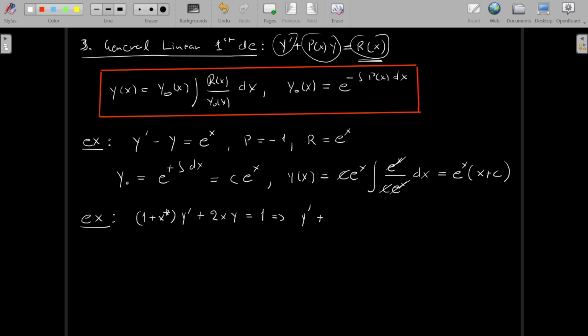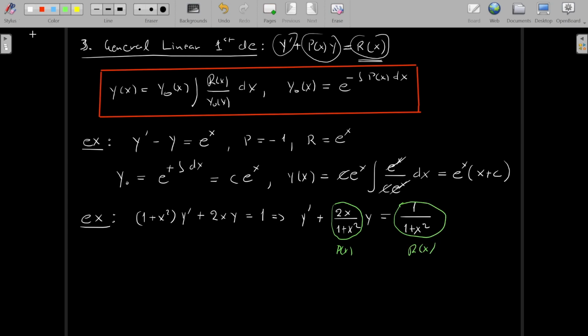We divide by 1 plus x squared, so you have y prime plus 2x over 1 plus x squared times y is equal to 1 over 1 plus x squared. And now this is your p of x, and this is your r of x.